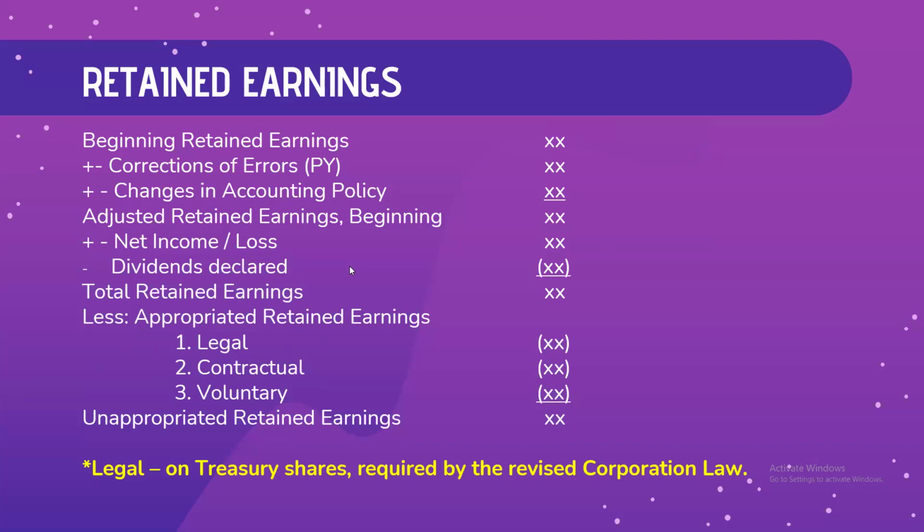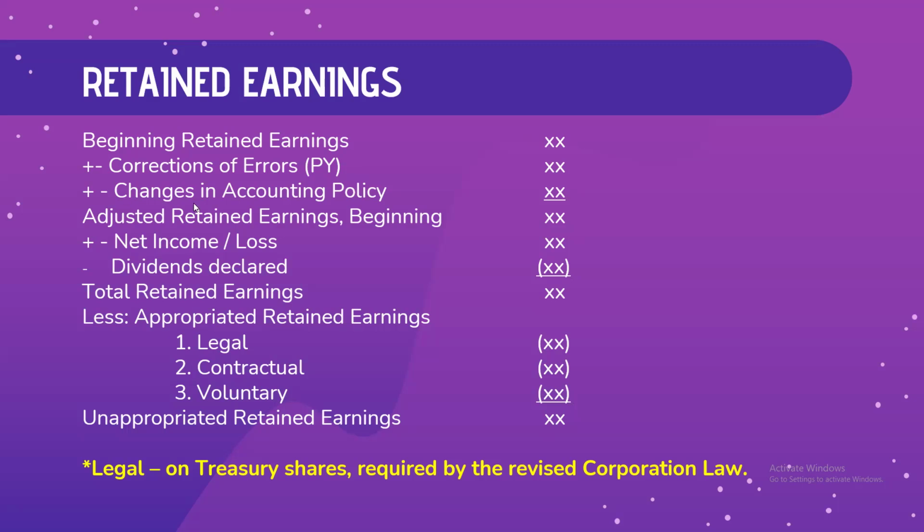So retained earnings, how are you going to calculate for it? Beginning retained earnings, plus or minus corrections of errors from prior year. Take note of this: any corrections of prior year's books have to be made in the retained earnings.